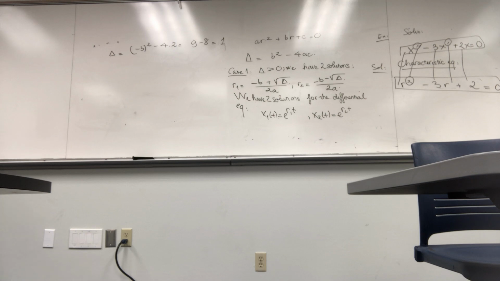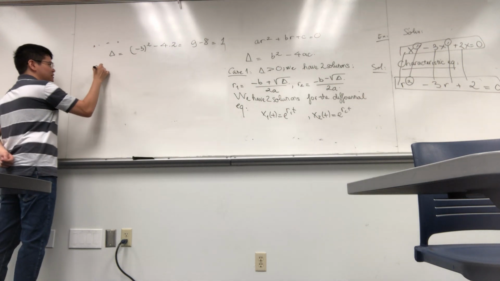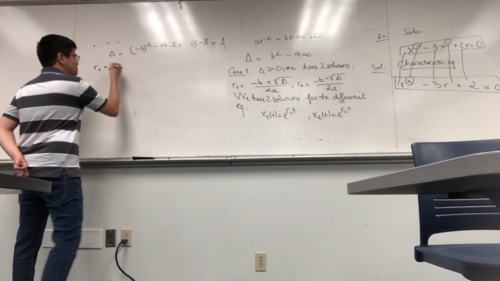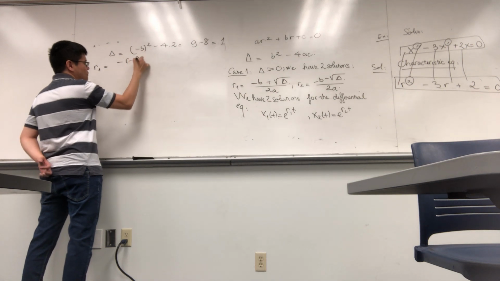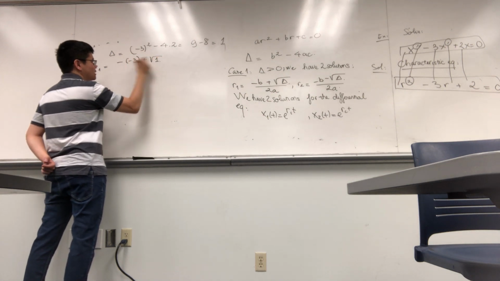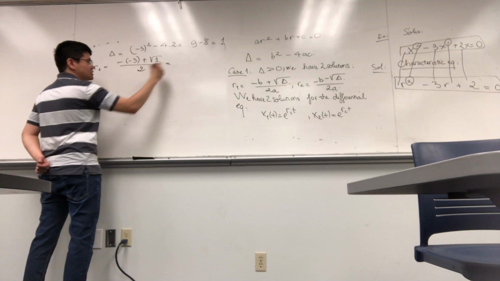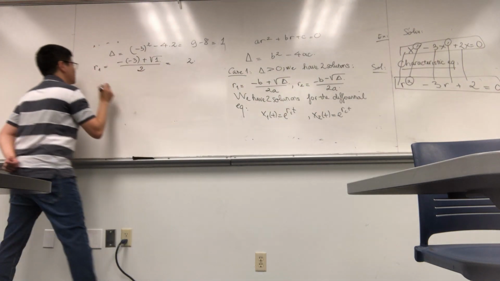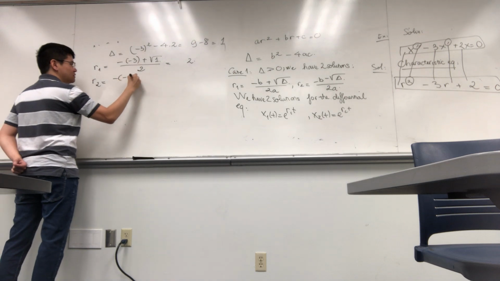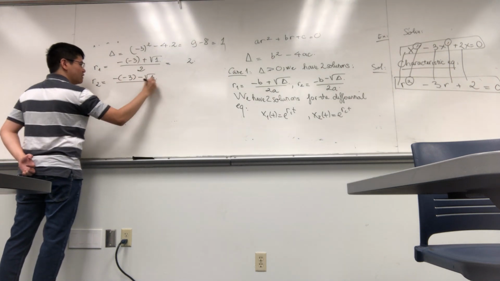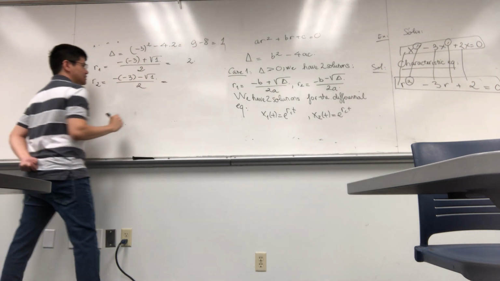So the first solution, I'm going to use this formula: minus of minus 3 plus the square root of 1, divided by 2. So this gives me 2, all right? And the second one is minus of minus 3 minus the square root of 1, divided by 2, and this is 1.